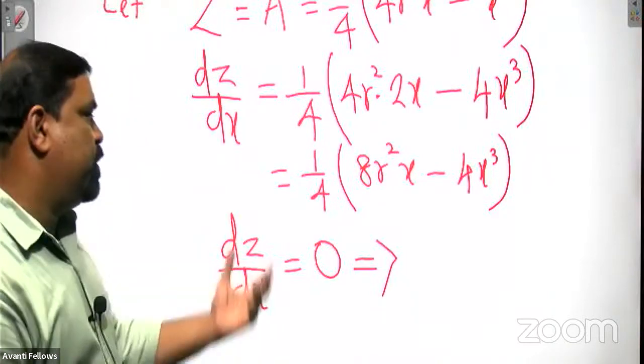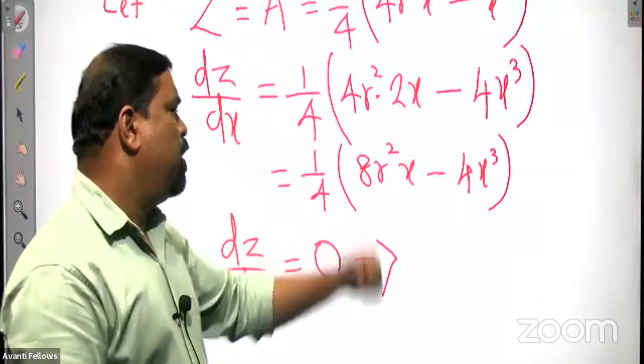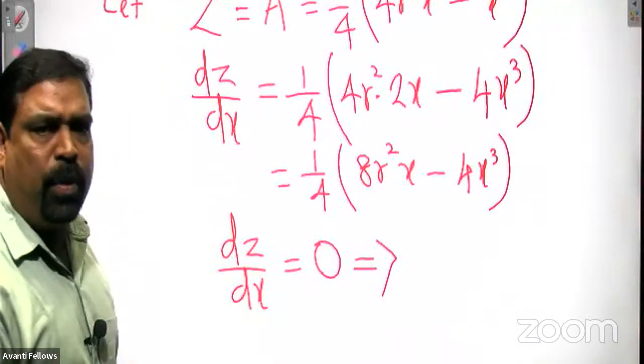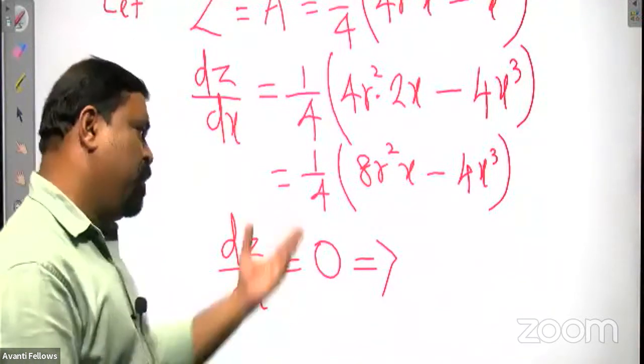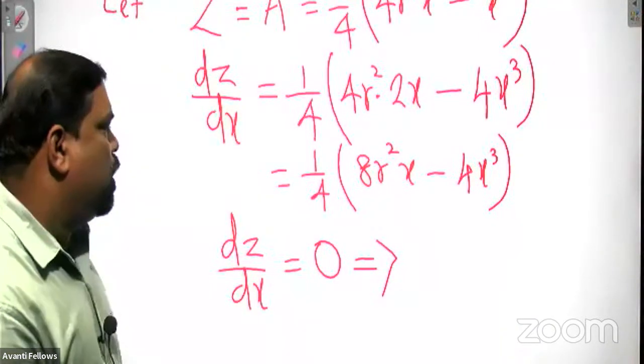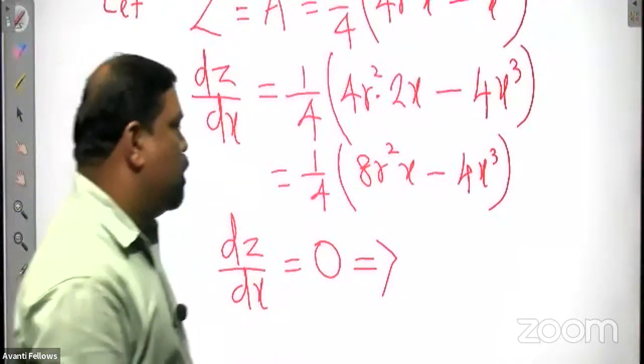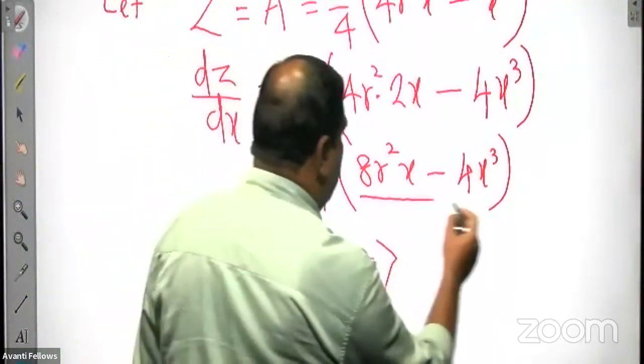dz by dx equal to 0 implies this expression, 1 by 4 into 8r square x minus 4x cube, equal to 0. 1 by 4 is a constant, so there is no need of writing it. Everything depends upon this term only.